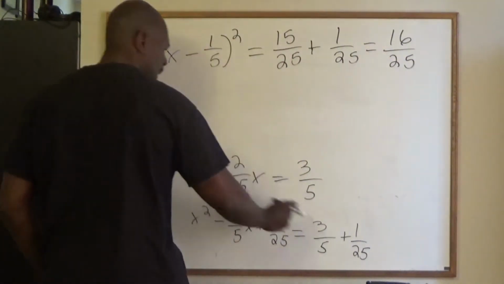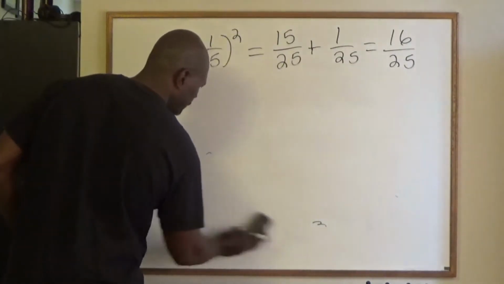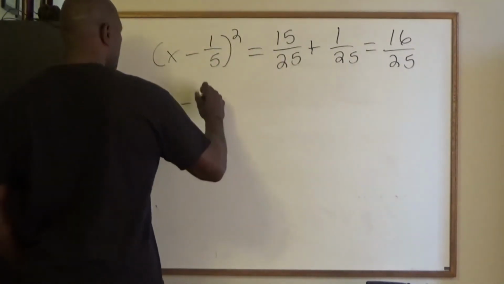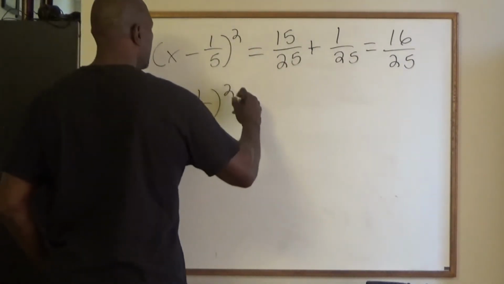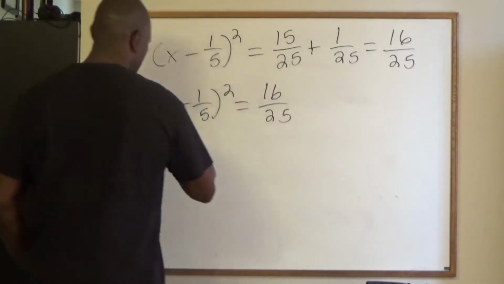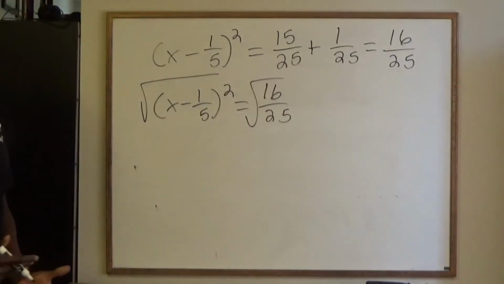So you have x minus 1/5 squared equals 16 over 25. Take the square root. And the same thing will happen as before.